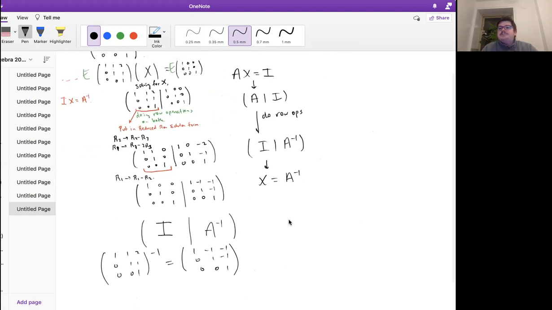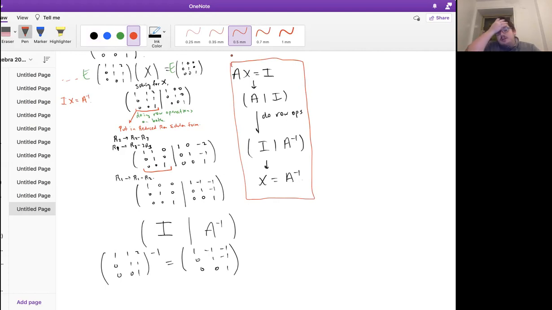So I hope you get the idea. Going through all these elementary matrices, we streamline the process of finding an inverse by just saying it amounts to doing row operations. Any questions on this? Yeah. Definitely with practice it will come into play. It's the big thing.